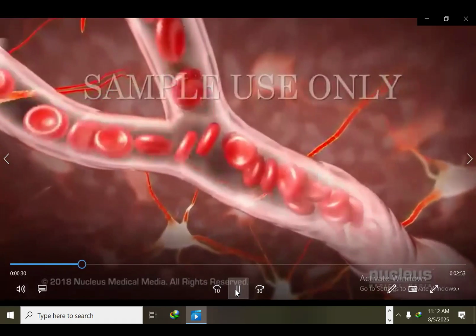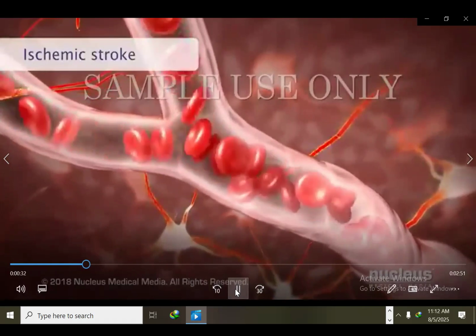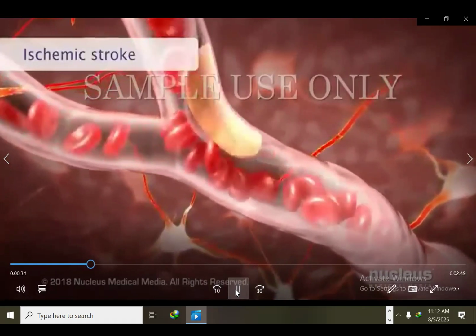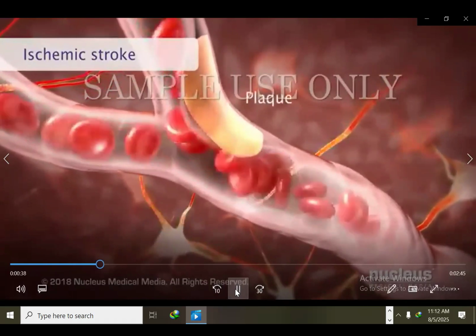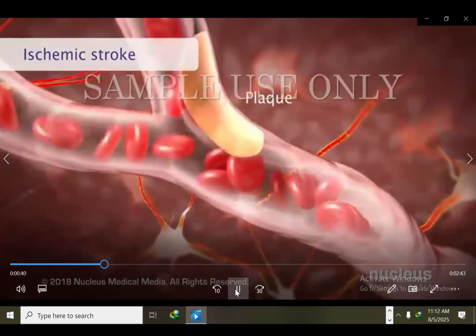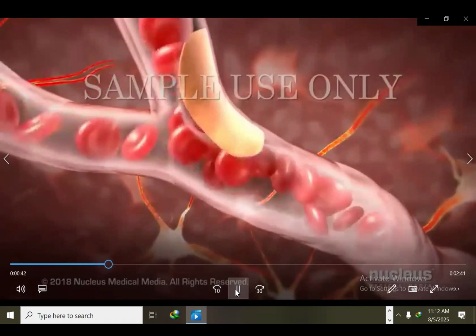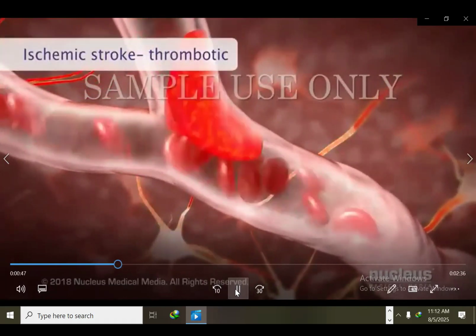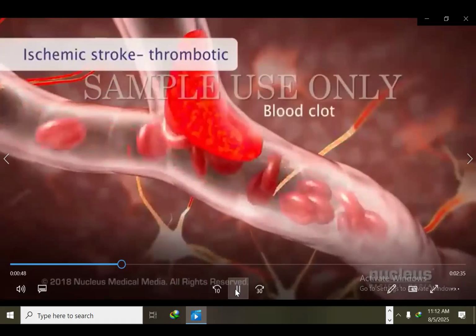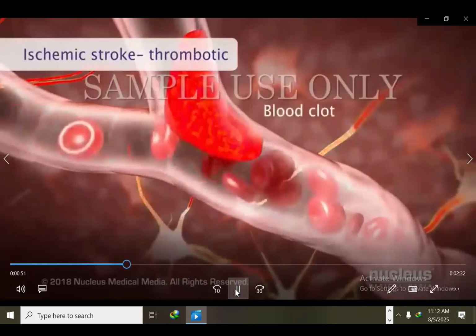The most common type of stroke is called ischemic stroke. It can happen in an artery where a fatty substance called plaque has made the artery narrow. In one type of ischemic stroke, called a thrombotic stroke, the plaque can break apart and form a blood clot that blocks the flow of blood to the brain.